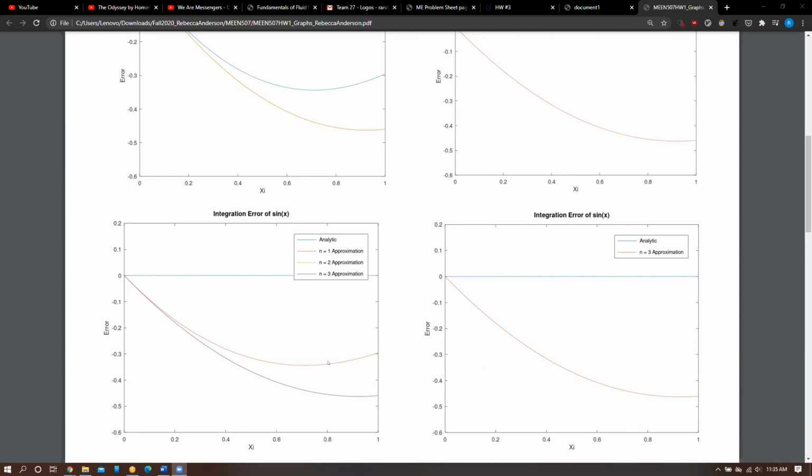Then N1 is this one. So N1 is more accurate than N3. That seems very suspect. I'm pretty sure you have a bug in there somewhere.